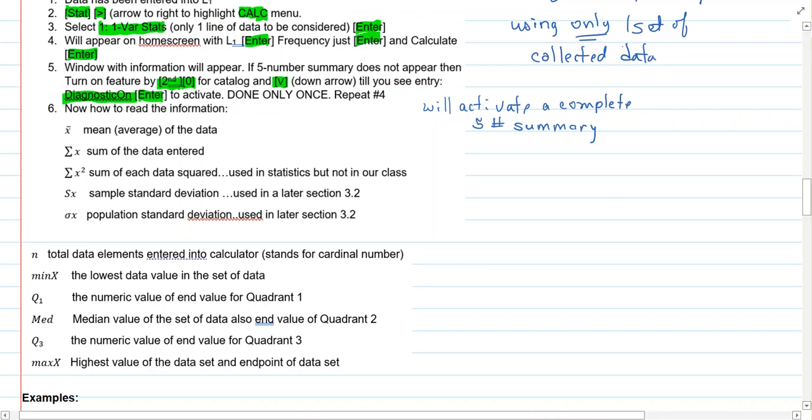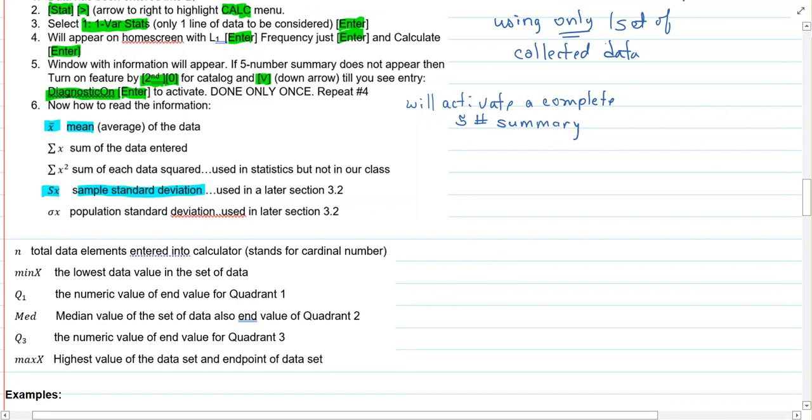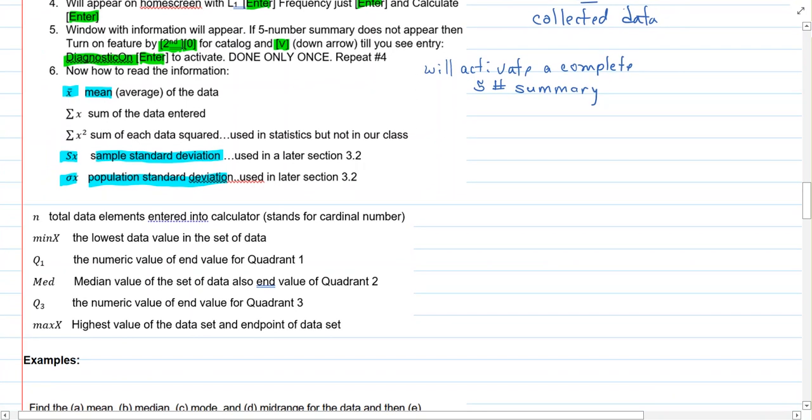But we're going to be using these. Okay. We will be using this value. Sx is sample standard deviation, and sigma X is population standard deviation, and that's used in section 3.2.